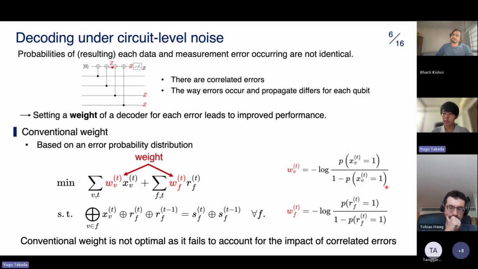The meaning of this weight is that the higher the probability is, the smaller the weight becomes, so errors with high probabilities are more likely to be estimated in the decoding algorithm. But the conventional weight is not optimized in the sense that it fails to account for the impact of correlated errors, unless we add some additional variable corresponding to correlated errors, such as Y errors.